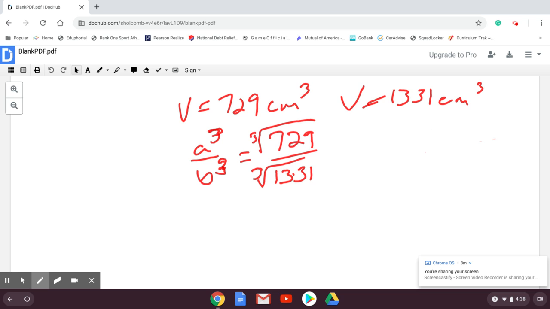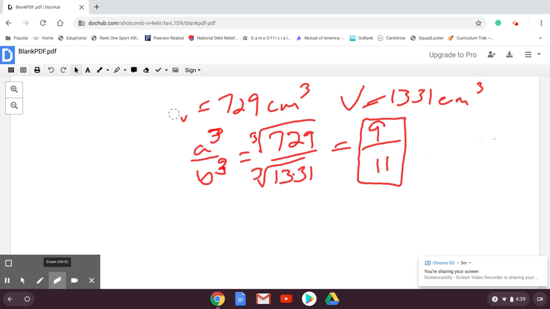Punch in 729, and the cube root of 729 is 9. But then you've got to do the same thing for the cube root of 1331. Hit the math key again. Option 4 is a cube root, and you'll find that the cube root of 1331 is 11. So my original scale factor was 9/11.